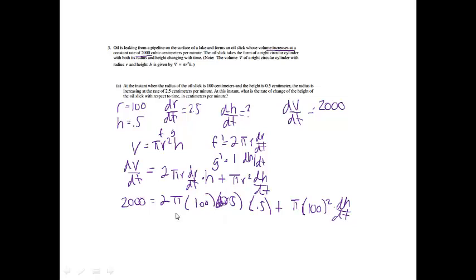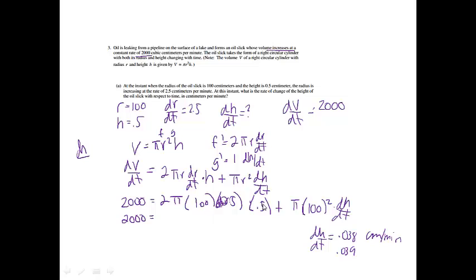All right, when I do that, I don't have my calculator handy. I do know that if I solve this problem, I will end up getting an answer of dh/dt equal to 0.038, or 0.039 they will accept, and we're talking about the height changing, so this will be centimeters per minute.